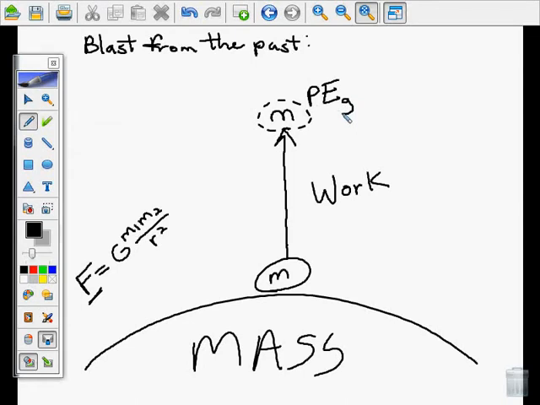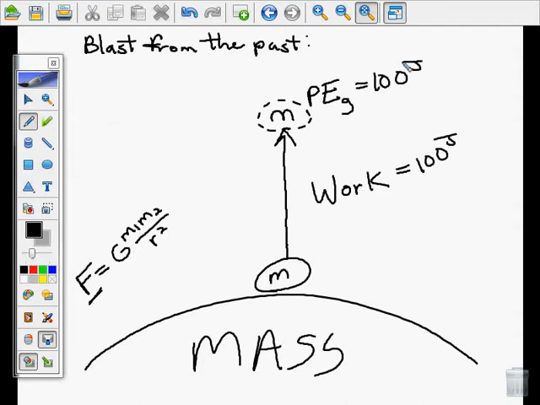And if I did 100 joules of work to lift that mass up, then how much potential energy does it have up there on the top? Ricky? 100 joules of work. How much potential energy does it have up there now? 100 joules potential energy. However much work you have to do to raise the object to that altitude, that's how much potential energy it has.